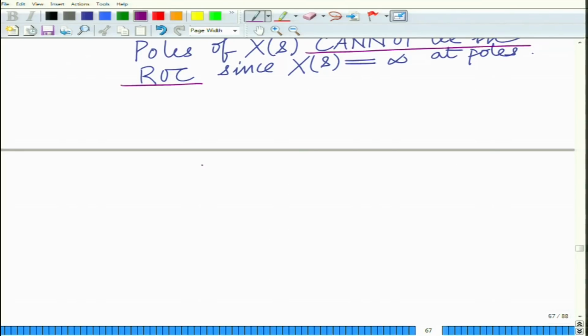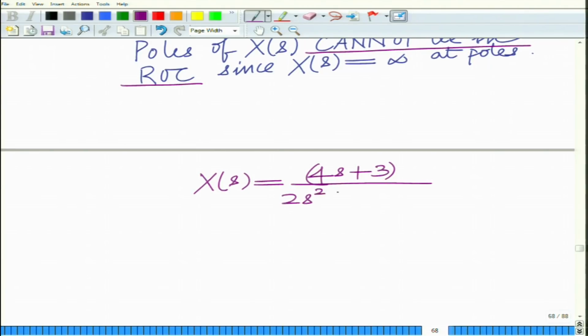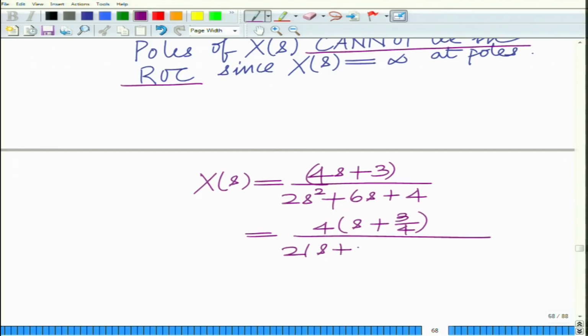Okay. So, I have X(s) equals (4s plus 3) divided by (2s squared plus 6s plus 4), which equals 4 times (s plus 3/4) divided by 2 times (s plus 2) times (s plus 1).